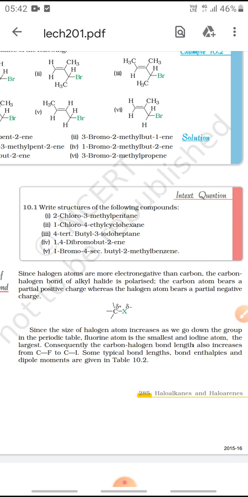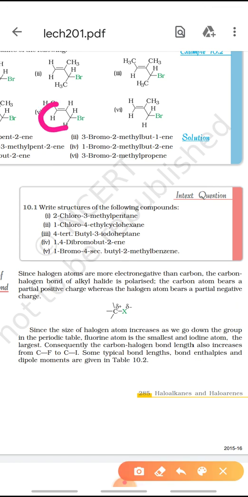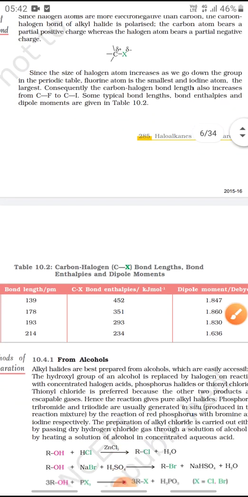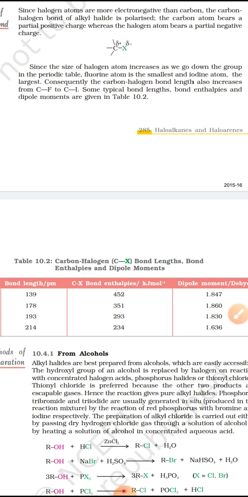Now, we all know that when we go down the group from fluorine, chlorine, bromine, iodine, the size of the atom increases. The smallest one is fluorine and the biggest one is iodine, which is the largest. So because of this, the bond length between carbon and fluorine is smallest, and that between carbon and iodine is more. Some typical bond lengths are given here.